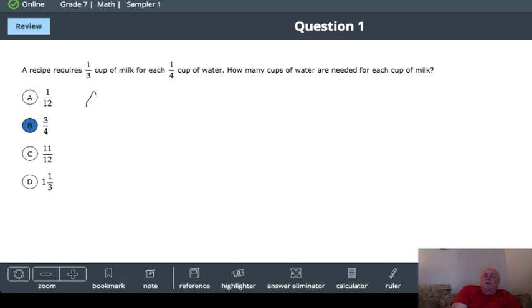So if our situation is milk is to water, which is symbolically the same as milk is to water, we can write it the same way. So if we get milk, which is 1/3, is to a quarter.